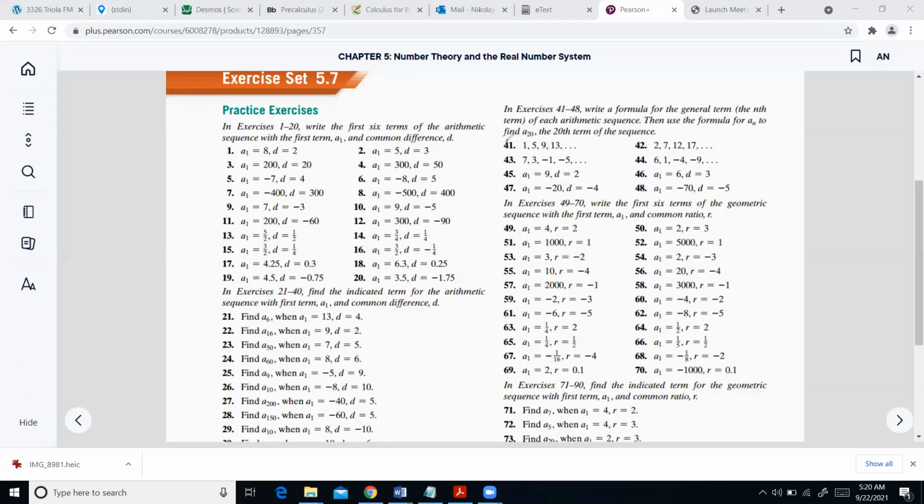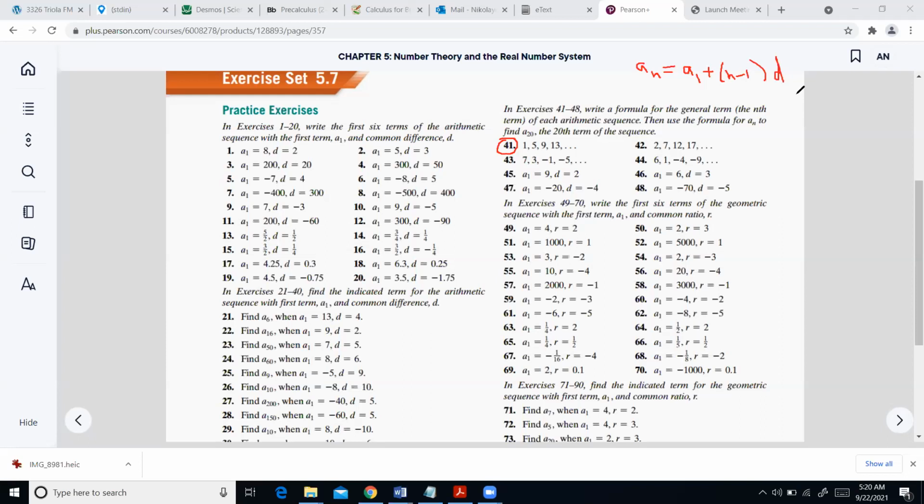Take a look at this exercise. So it looks like they once again want me to come up with this little formula. A1 plus n minus 1 times D. So that's the formula I just worked with.